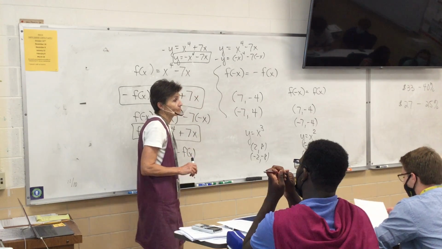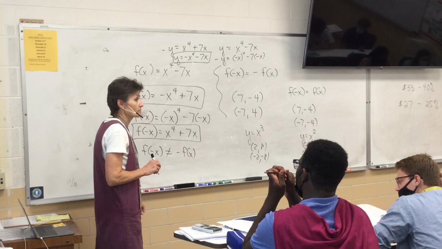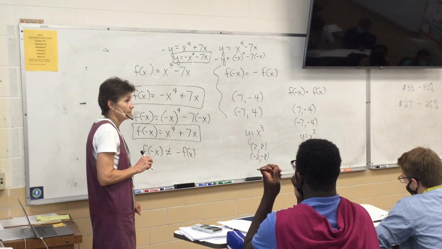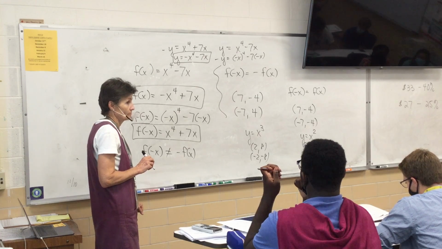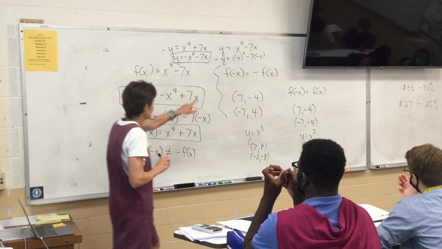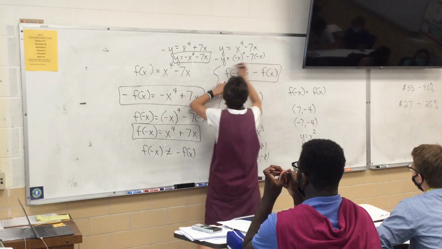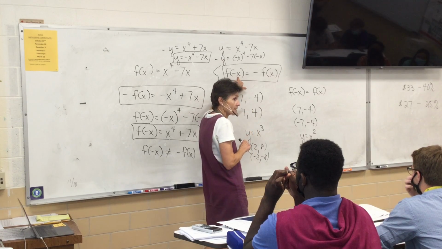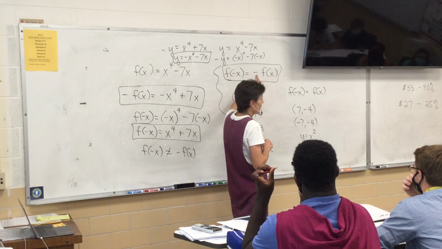So to find odd, if you aren't using any numbers, you would just plug in negative x into all the x's for one equation, and the other one you're gonna flip the sign for everything. Yeah, that's this definition right here. This says plug in, change the sign on your input, and that will change the sign on your output.